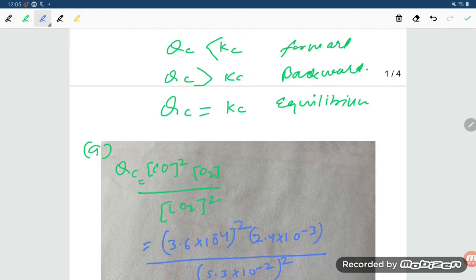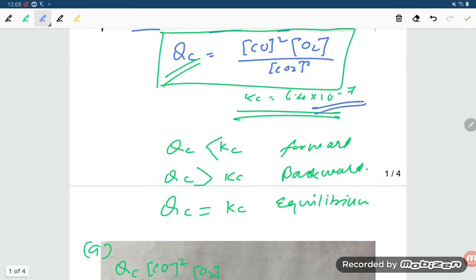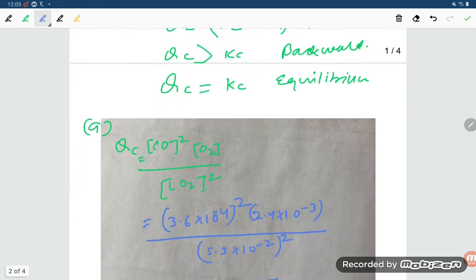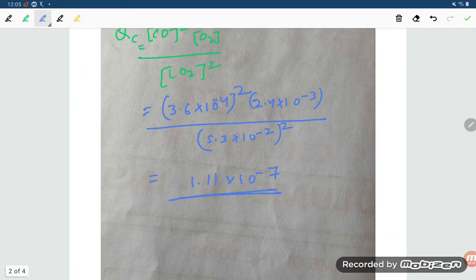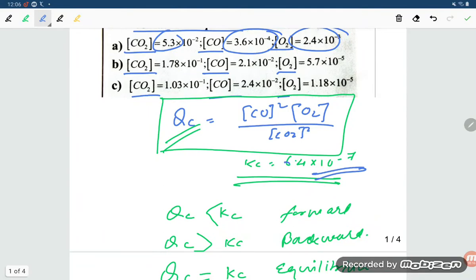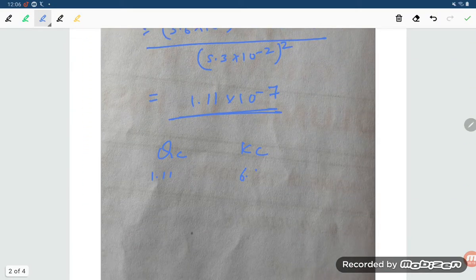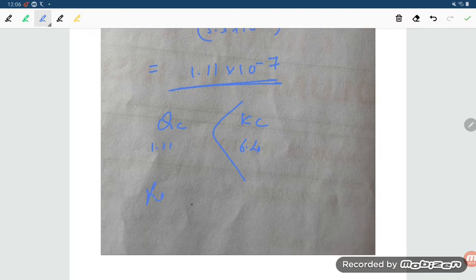So 10 power minus 7 is here, and 10 power minus 7 is here. So 6.4 is more than 1.11. Qc we are getting is 1.11 and Kc is 6.4, which means Kc is greater. So the reaction will go in the forward direction.